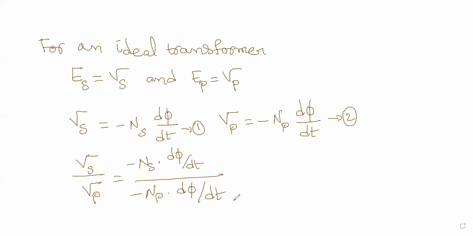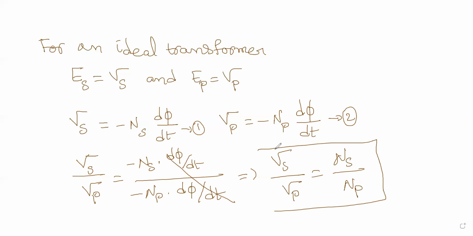So d phi by dt cancels out, and Vs by Vp is equal to Ns by Np. This much you have to derive at a minimum. This relation has to be obtained for an ideal transformer. Please understand this.